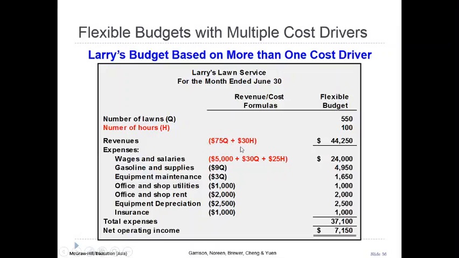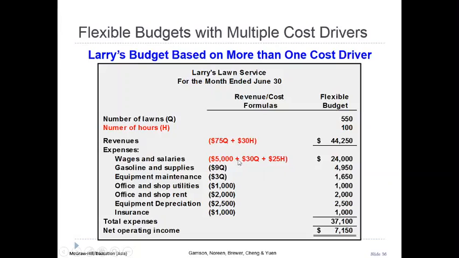Under this cost formula, the revenue will be increased because they have taken another cost driver into consideration, so that this revenue can be used to pay the wages and salary.